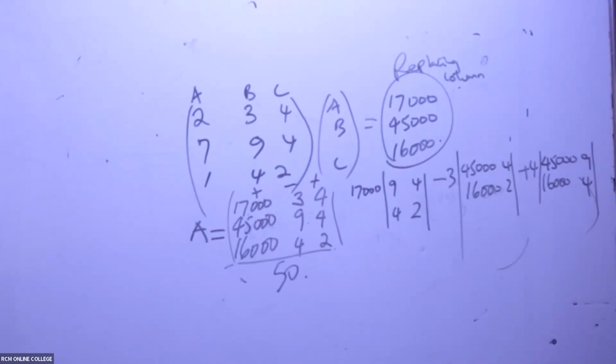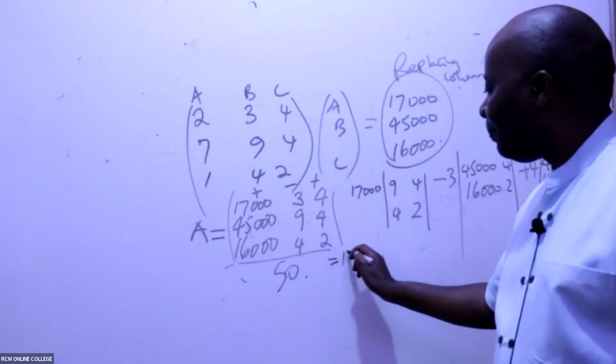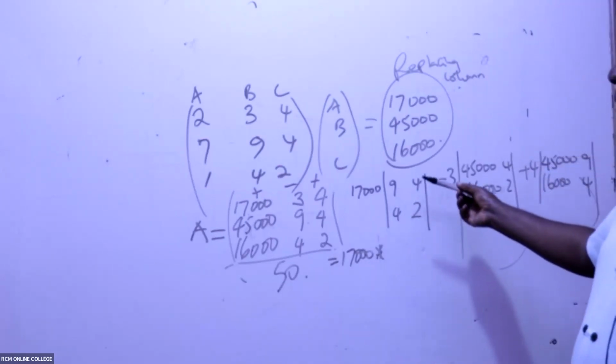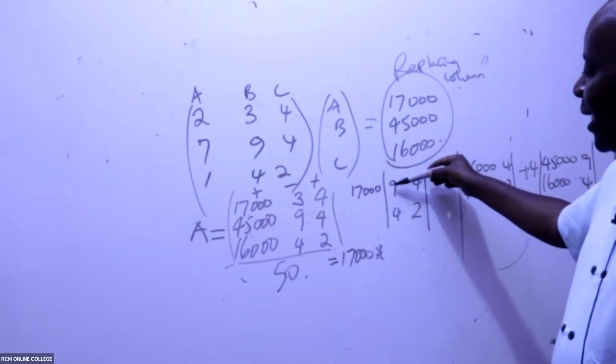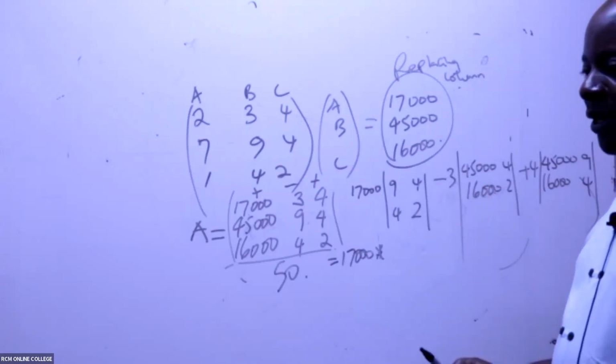The students who have not been able to get this nicely will be left behind and tackle this. So then this one here will be 17,000 times, can somebody give me this determinant? Product of primary, so it will be 9 times 2 minus 4 times 4.